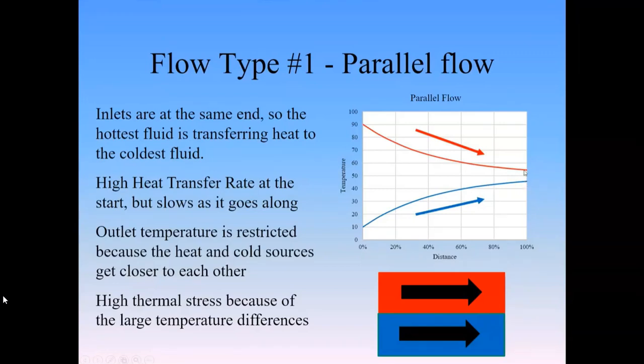Sorry, if our job is to cool down this hot fluid, it can never get colder than this point, and we'll see that in a second. But in this case, we started at 90, and maybe the best we could do would be 55 degrees leaving this heat exchanger.